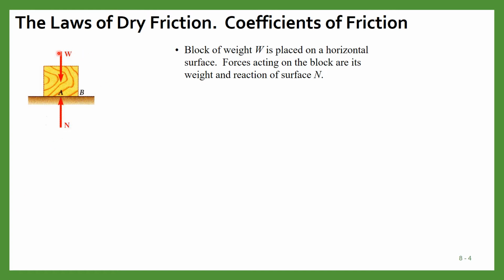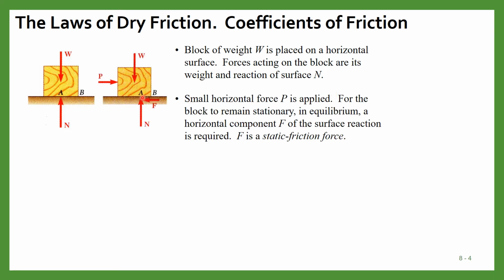Suppose this block is placed on the surface. We will have two forces: one force in the downward direction because of the weight, and another, the reaction of the surface.